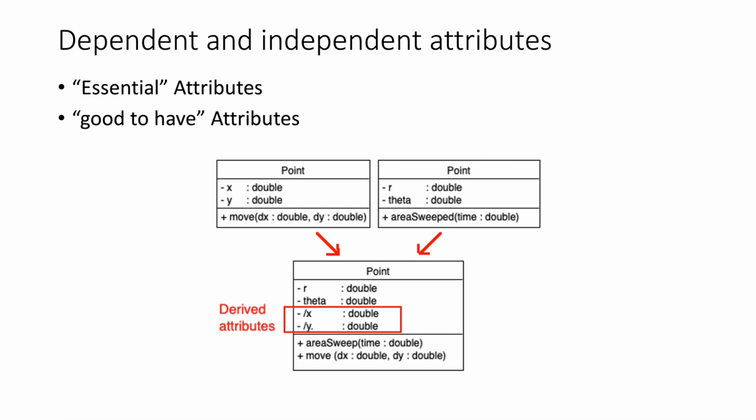Very important thing, if this point class or object of point class is going to be saved in a database, we do not need to save these two values. So for a table called point, we need to have only two columns, that is r and theta, and x and y are not required because every time you retrieve those values, x and y can be calculated. In case we are going to serialize this data, we do not have to serialize these two. We can serialize only these two.